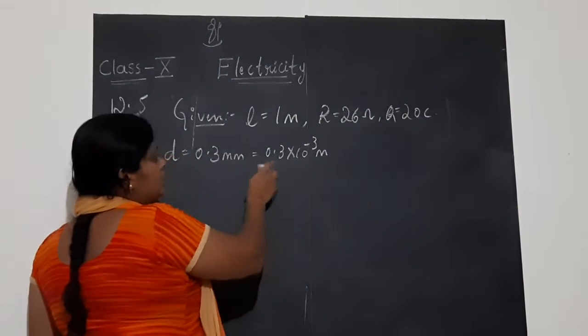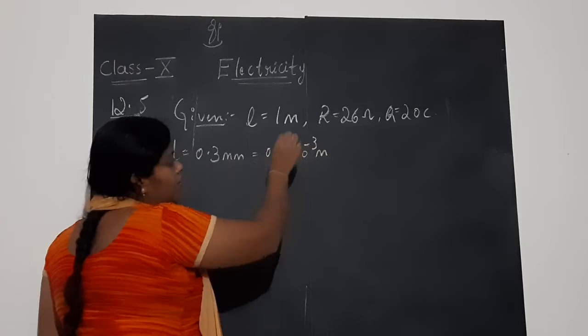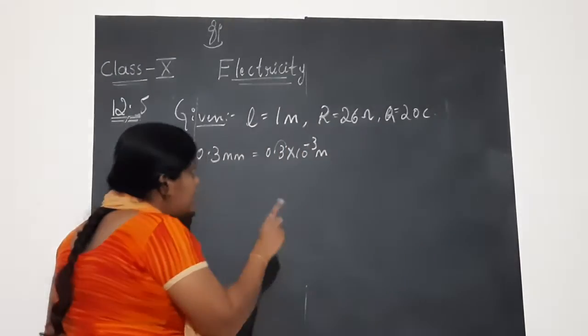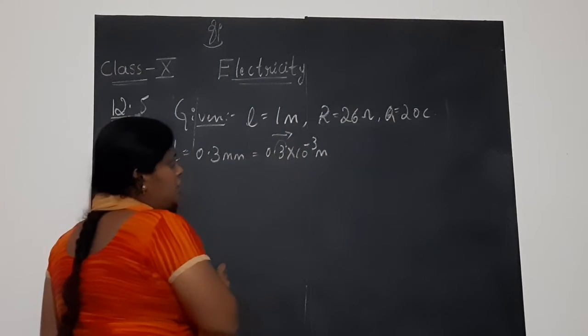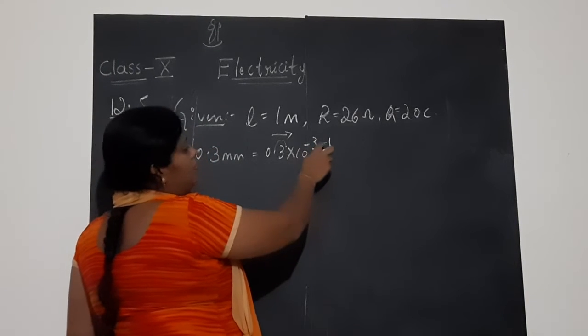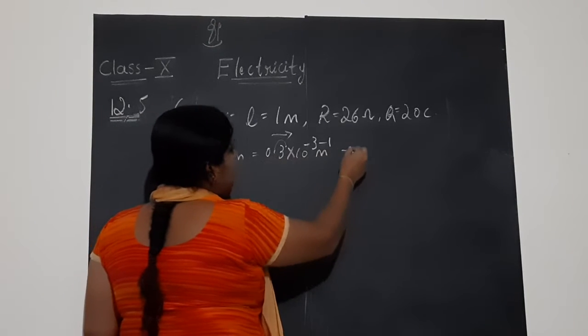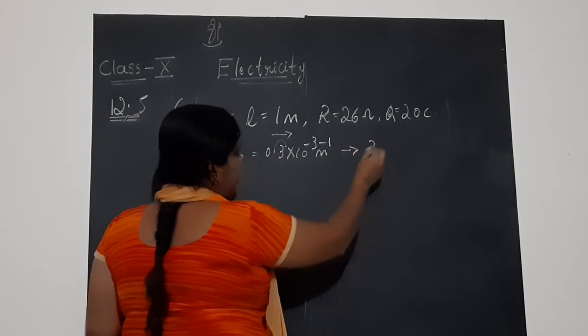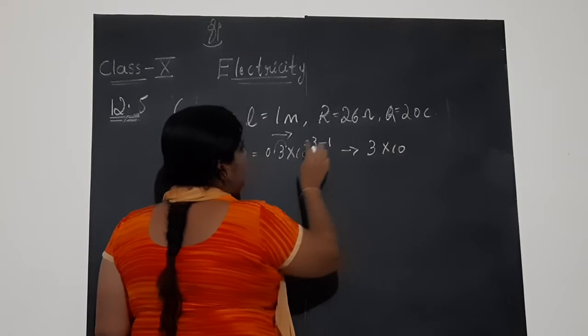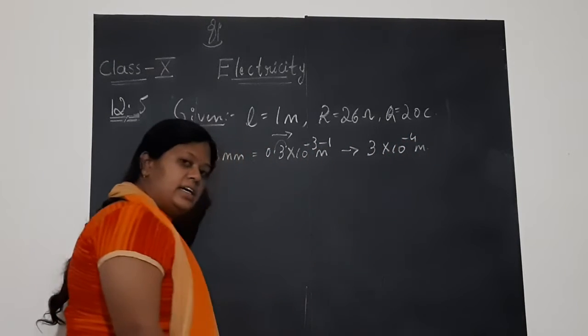Yes, no? Here 0.3 is there. If I shift the decimal point by 1 decimal place in the forward direction, I should subtract 1 from the power. You remember this, no? So 0.3 now becomes just 3 into 10 to the power minus 3 minus 1, which is minus 4 meter.